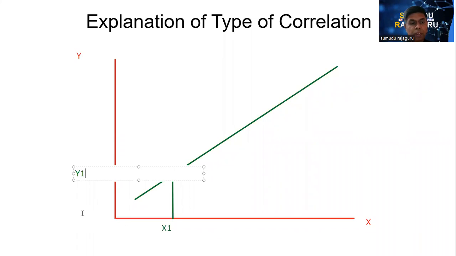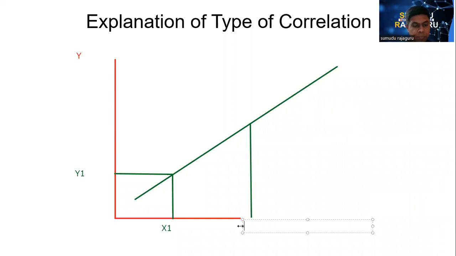We'll take another point also. Think this is the considered point. That particular x value is x2. Based on that intersection point, I am projecting that intersection point onto the y-axis.